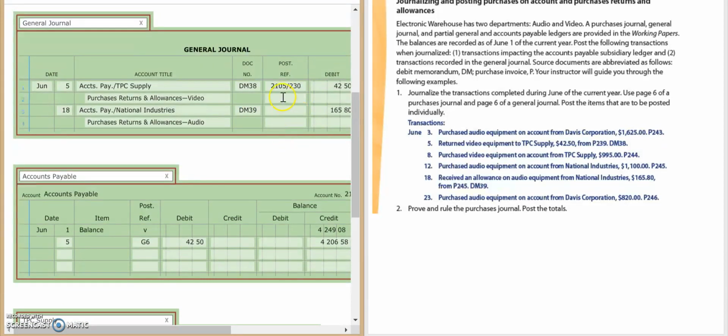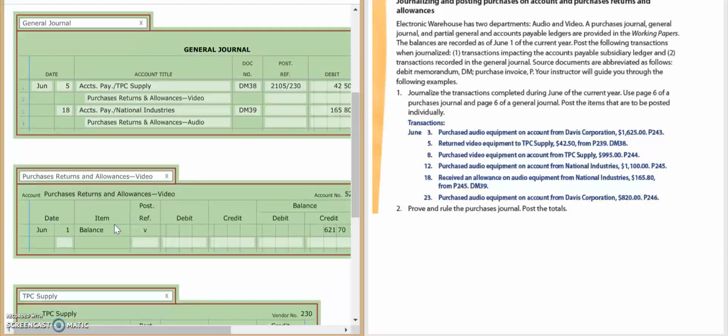So what that's doing, remember, is going to accounts payable and to TPC supply, which we posted. Next up is our purchase returns and allowances. So we open up purchase returns and allowances for video, and we put the 5th in here. It's coming from G6, or journal page number 6. It's a credit of $42.50.